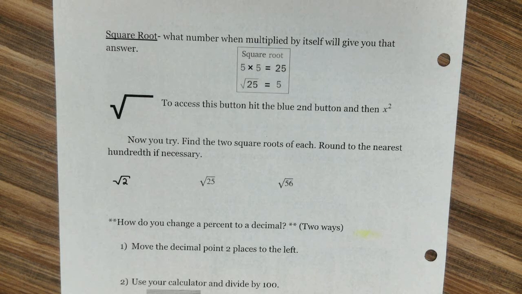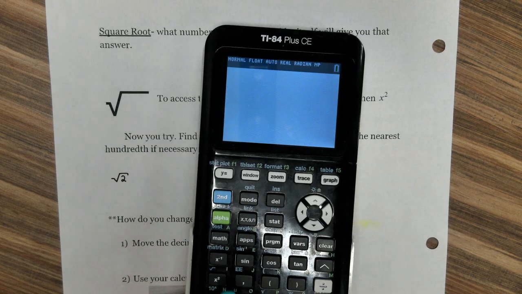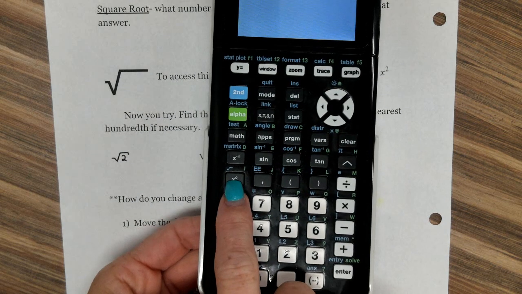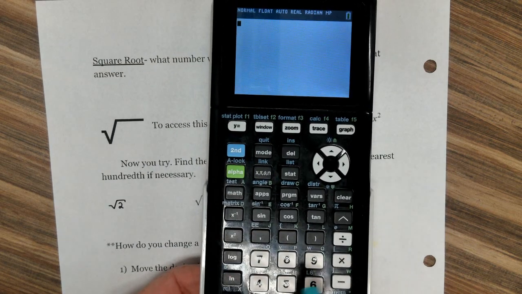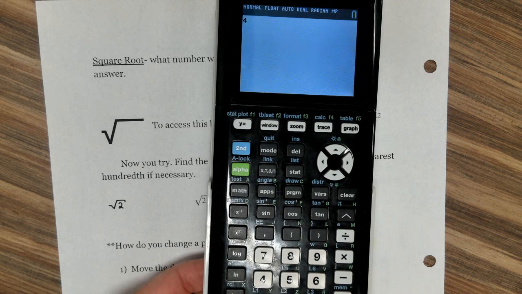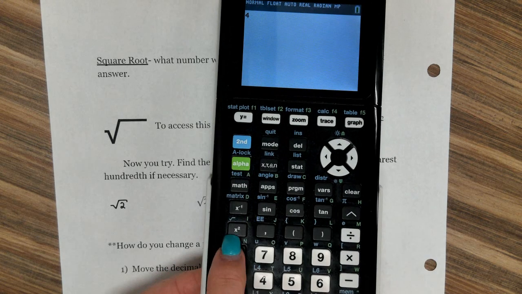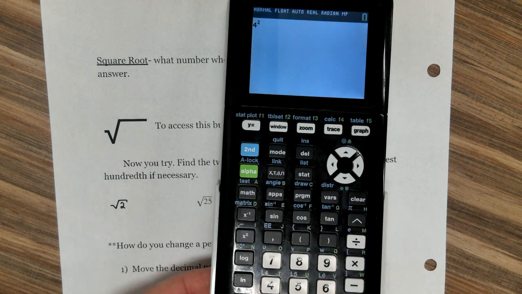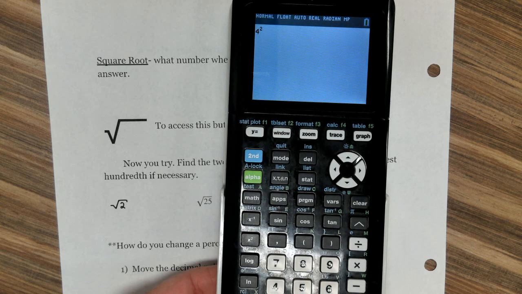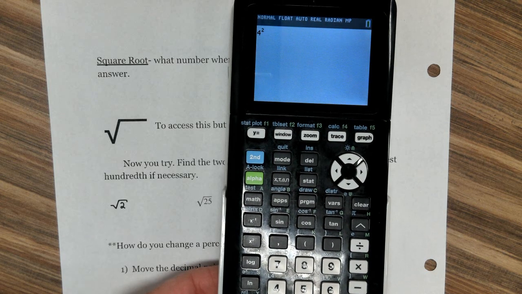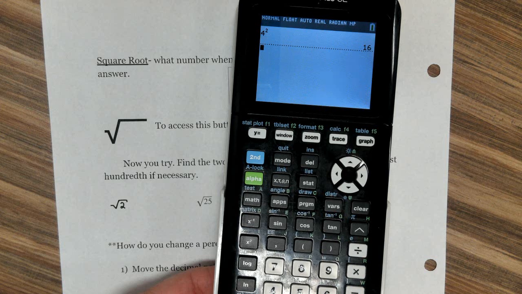Do you see how they're opposites of each other? Yes or no? Okay, if you look in your calculator, right here is the square button. So everybody put in 4. Just put in 4, and then hit the squared button right here. That means 4 times 4. And if you hit enter, it's going to tell you it's 16.